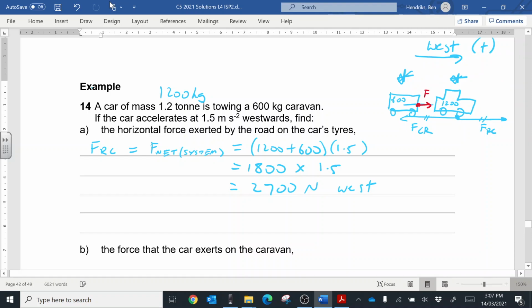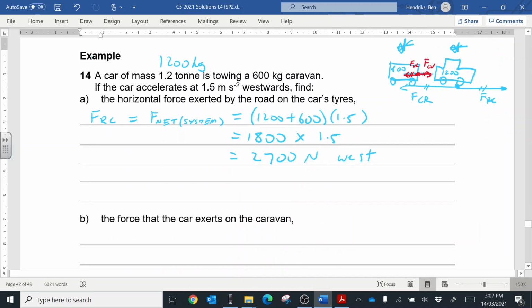The car is moving the caravan forward, and I'll call this F of CV. These are also equal and opposite, where the force CV is the car on the van, and the other way, VC is the force of the van on the car.